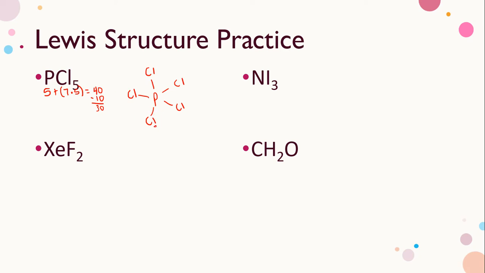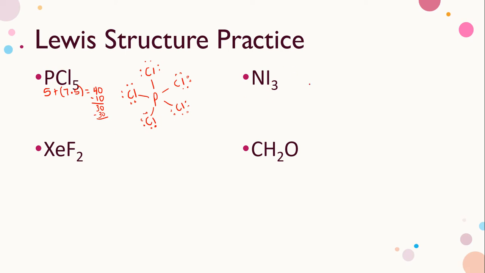It already has 2. So all the following can get 6, 8, 10, 12, 14, 16, 18, 20, 22, 24, 26, 28, 30. So I've used all of them. I check, everybody's happy, we're great.